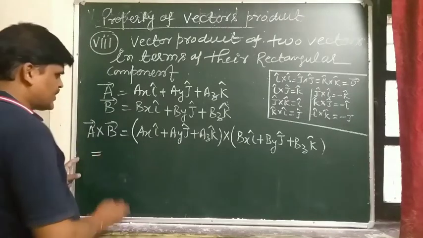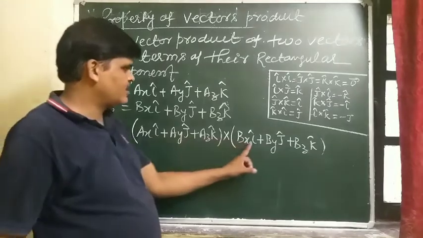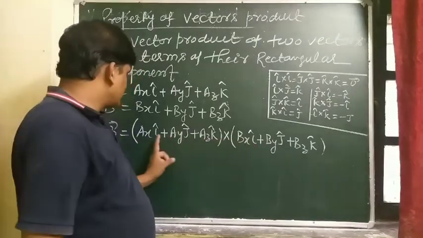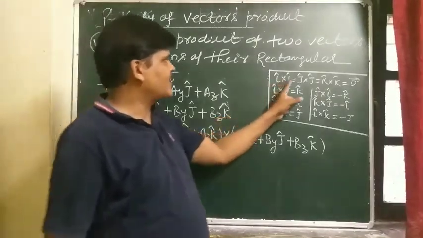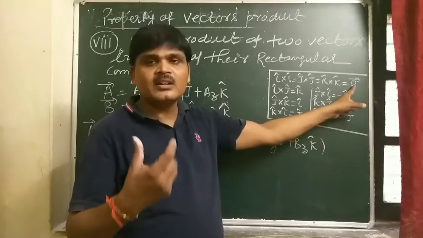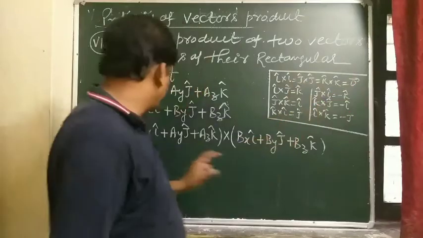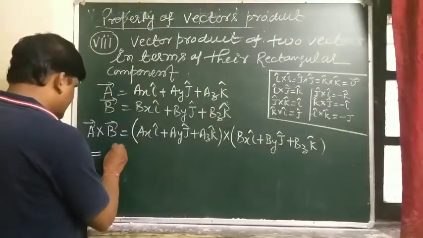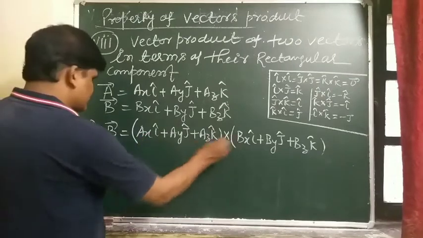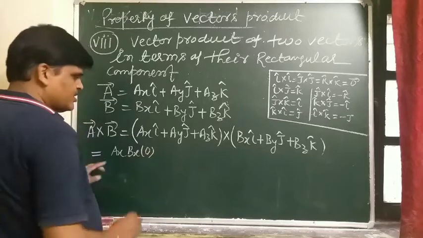And students, here vector i cross vector i is a null vector, and its magnitude is 0. So we write here only the magnitude: Ax Bx, and their magnitude is 0.